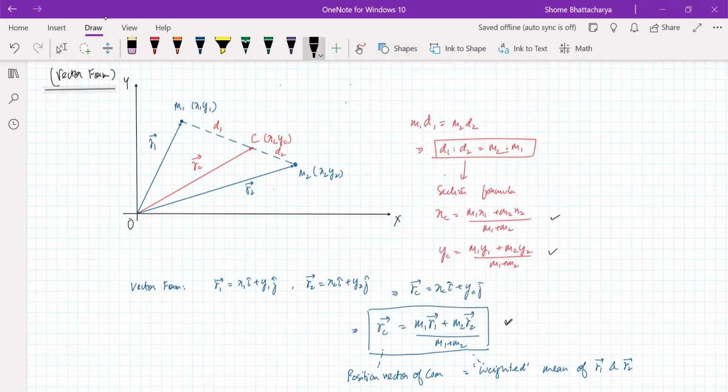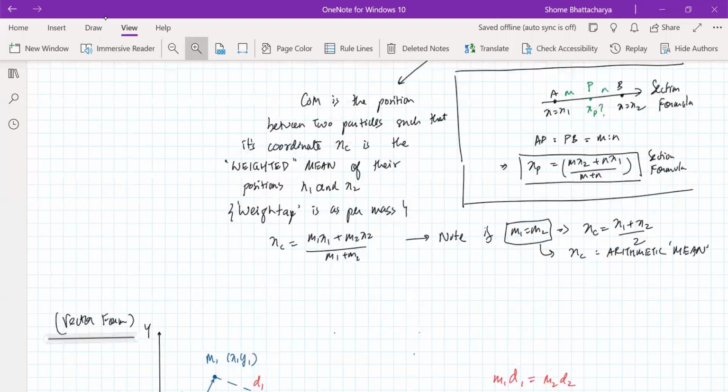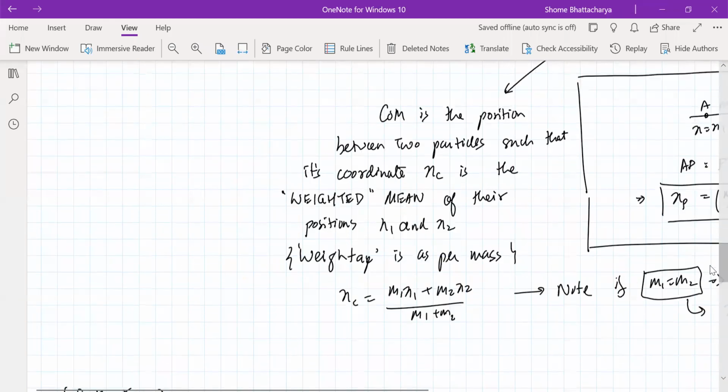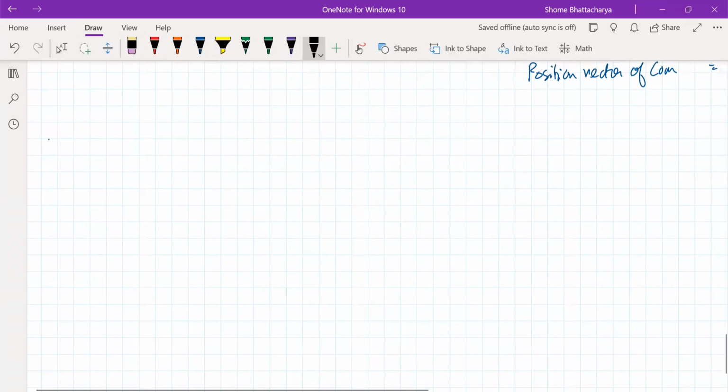So let's look at an example question. Let's understand the application of this with an example.